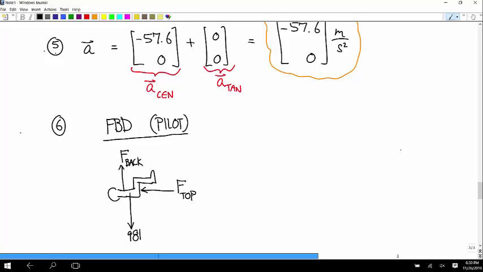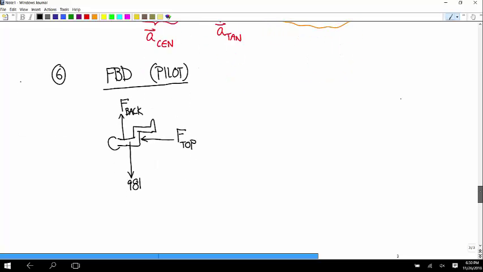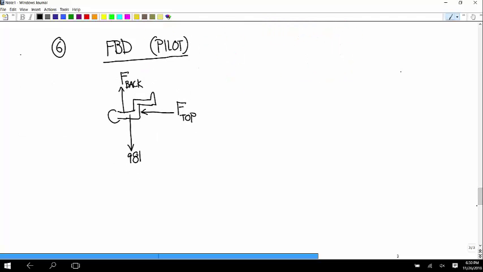And then is anything else touching the pilot? We'll just lump the steering, I hope he's also holding some kind of steering wheel, but we'll just lump that in, that's probably small compared to the seat forces. So then that's good. And so now we can go to Newton's second law.